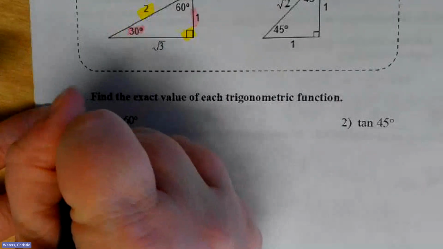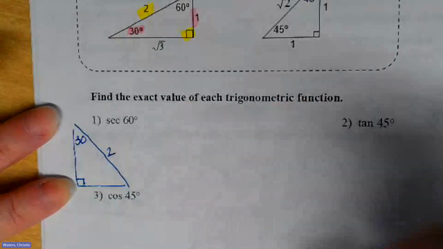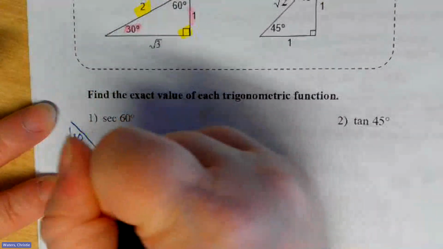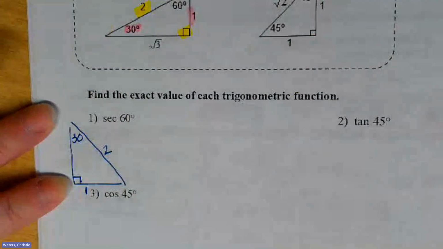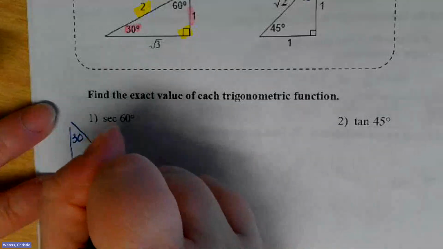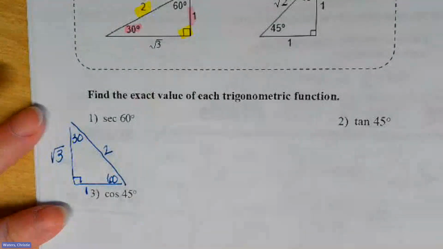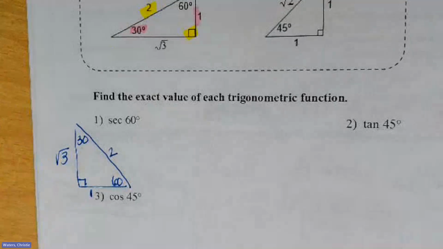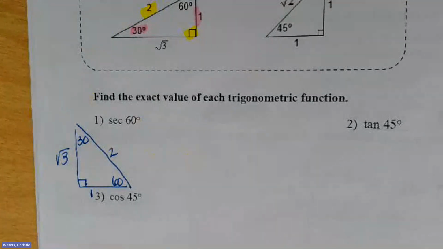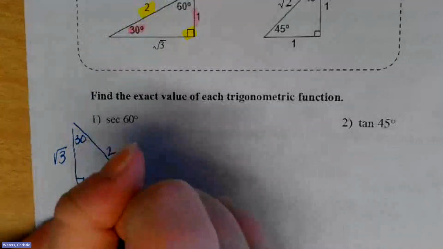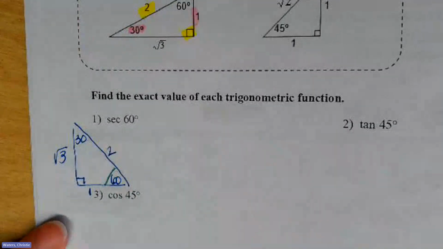If I put my smallest angle of 30 here, then opposite of that should be my shortest side. And then the last ones, the middle, are the 60 and the square root of 3. So we're asked to find the secant of 60 degrees. One thing I know right off the bat is this is going to be my focus angle, the 60 degrees.